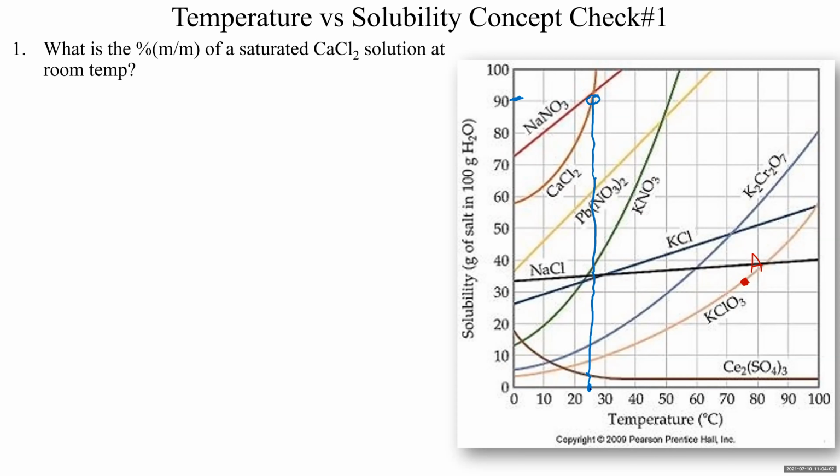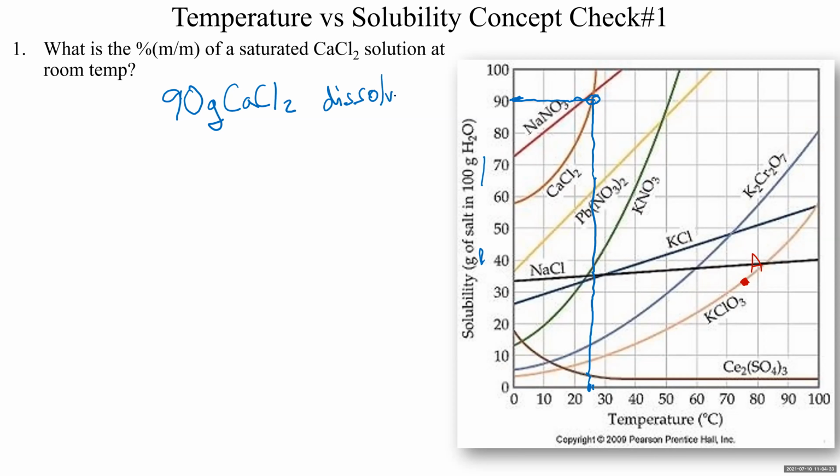So if I trace the line from 25 degrees Celsius up to the point where it intersects the calcium chloride graph, and then I draw a straight horizontal line to what it says on the left side, I get 90 grams per 100 milliliters. So that's 90 grams of calcium chloride dissolved at saturation.